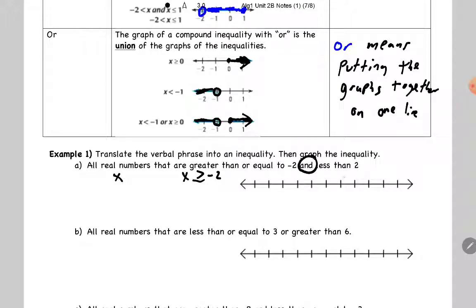So x is greater than or equal to negative 2, and then x is less than 2.